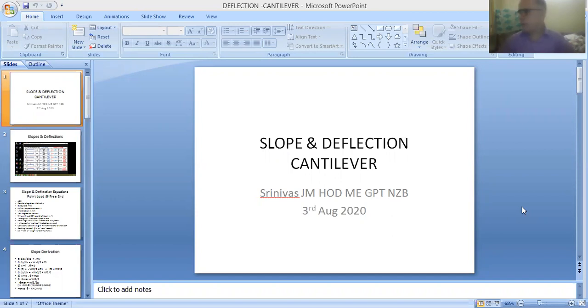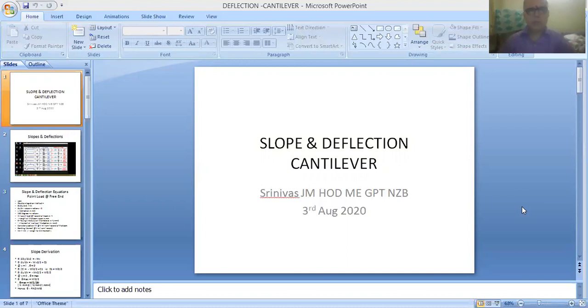Today we are going to discuss slopes and deflections of cantilever beams. This is the topic which we are going to take up right now in this session.